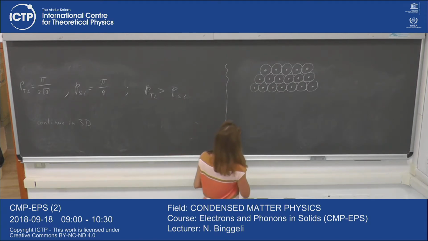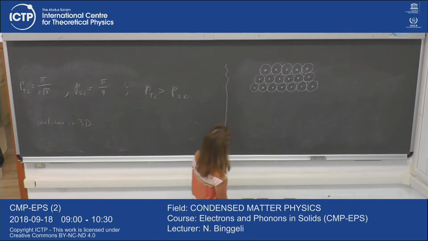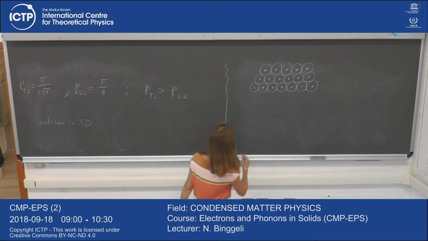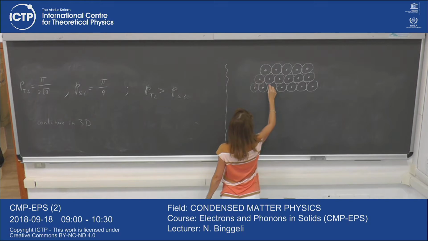So, for instance, I can center my spheres of the second layer at points here. So this would be like this. This would be the second layer. So the next one would be centered here.